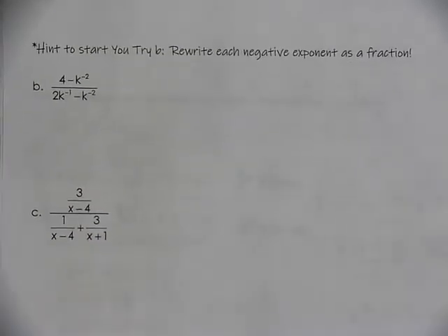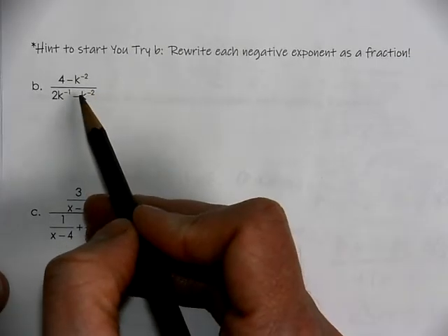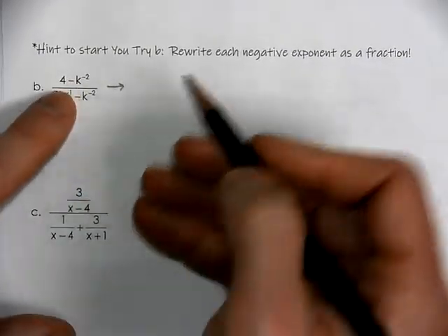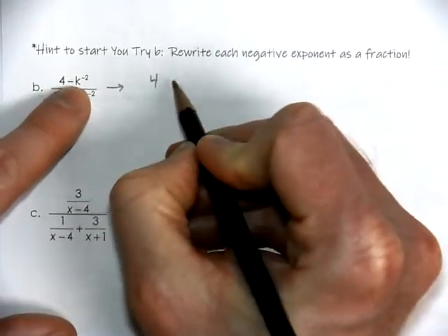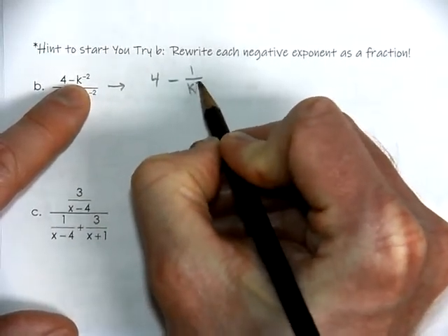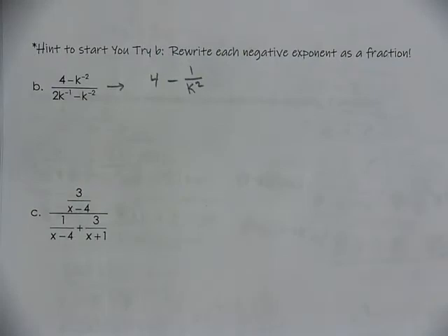All right, now this one is just notation. Letter B, the negative exponent looks intimidating. So this is 4 minus 1 over k squared. That negative exponent means to put it into the denominator.